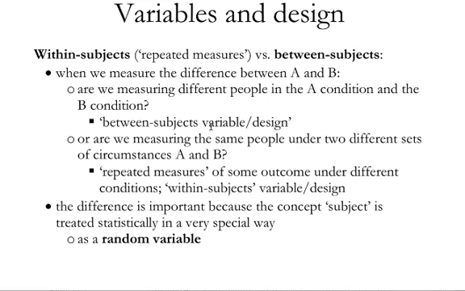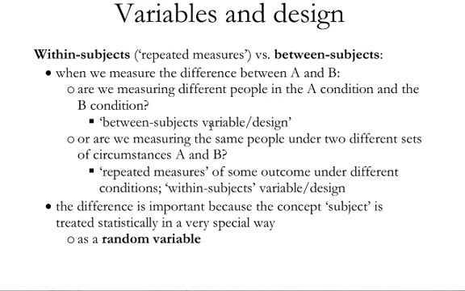But the idea here being that we're varying this comparison of interest, A versus B, but we're not doing it for a single subject. Instead, we're putting some subjects in the A condition, some in the B condition, and so the comparison of interest, A versus B, is going to be a comparison between subjects. The alternative, are we measuring the same people under two sets of different circumstances, A and B?